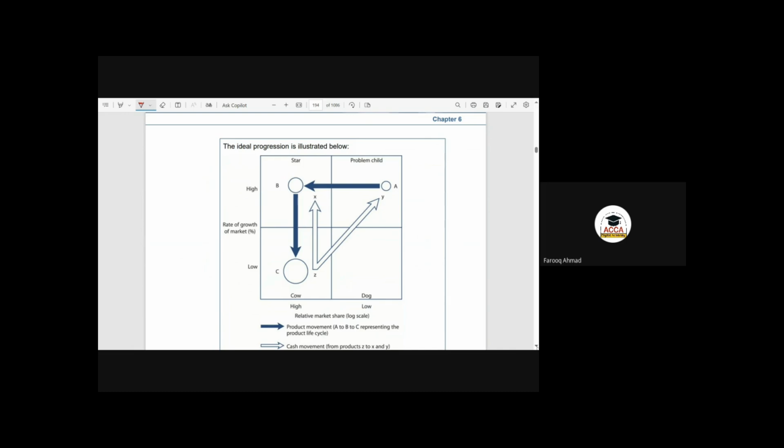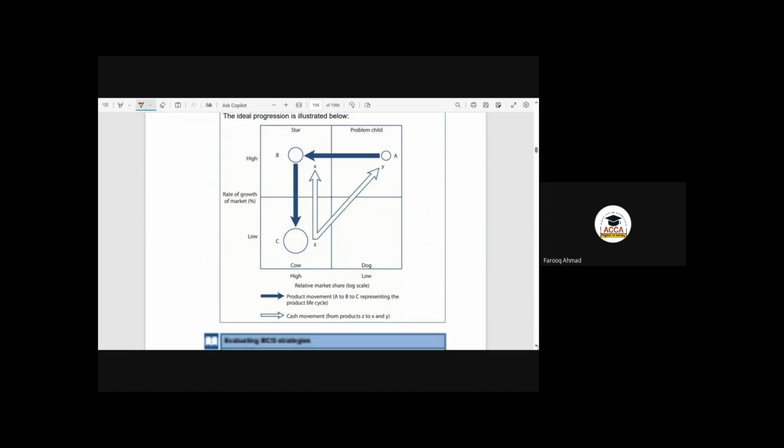Higher growth rate with lower relative market share is on the lower side. And then again, high expenses and high market share, they have to pay high cost.